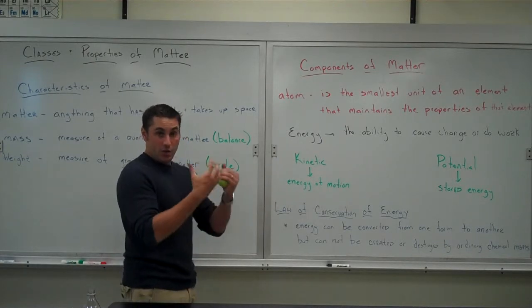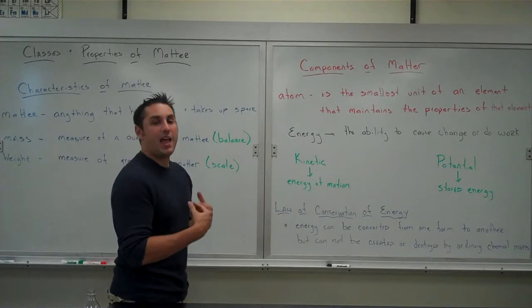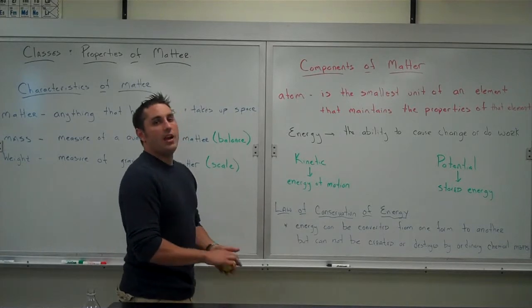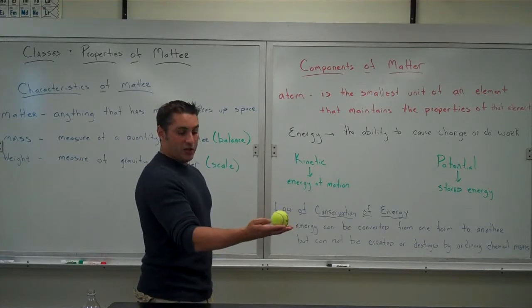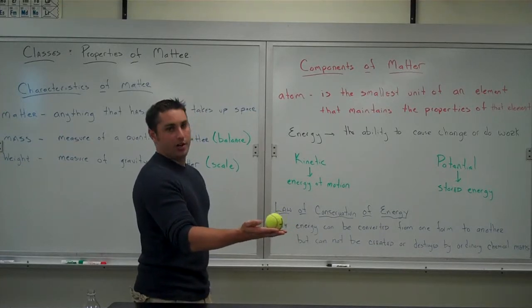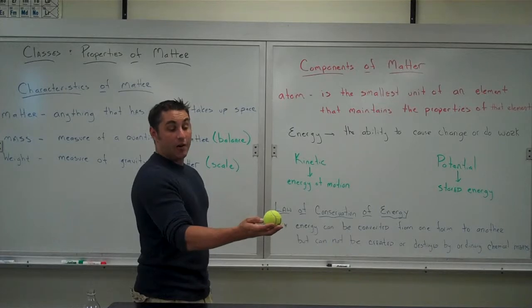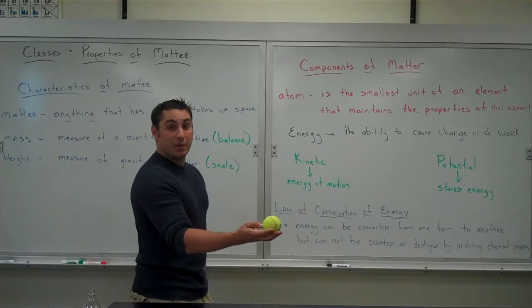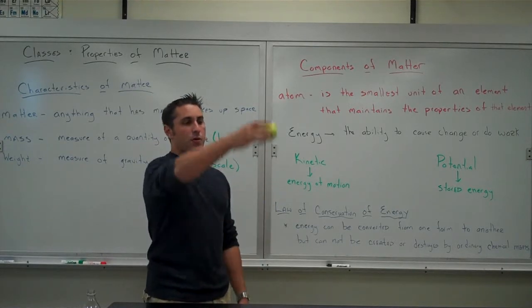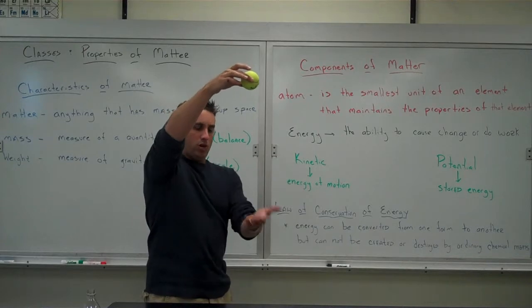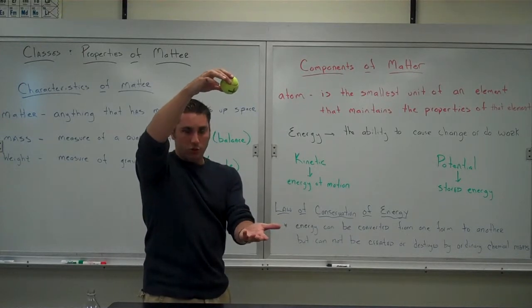Here's an example of that. I cannot increase or decrease the amount of energy that something has. I can simply change it. If I were holding this ball perfectly still, it has no kinetic energy. It has a certain amount of potential energy. The higher up in the air this ball goes, its potential energy increases. But that energy must come from somewhere. So when I move the ball up to here, you may say, well, here it had 30 joules of energy.